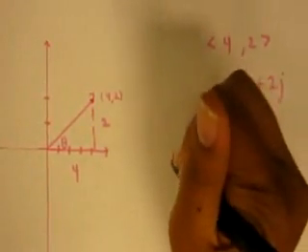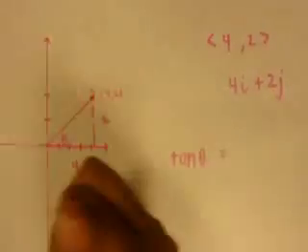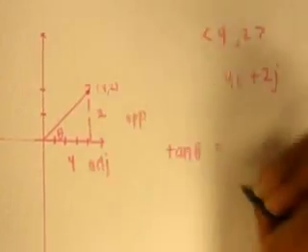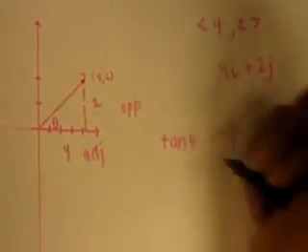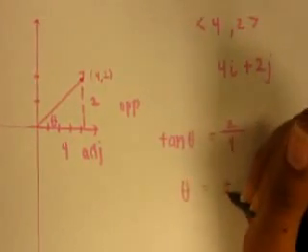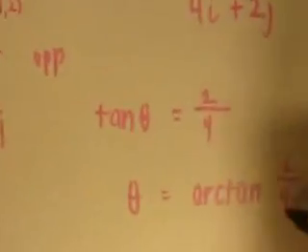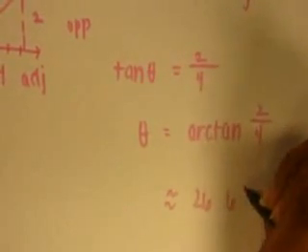So tan of the angle equals opposite over adjacent, which is 2/4. But we want to find the angle, so we have to do arctan of 2/4, and that is estimated to be around 26.6 degrees.